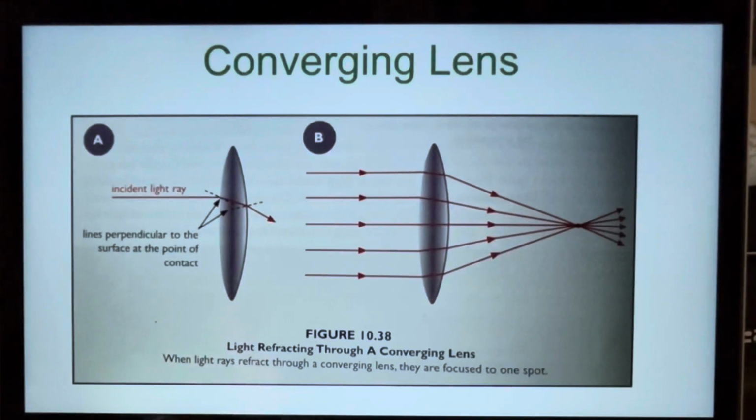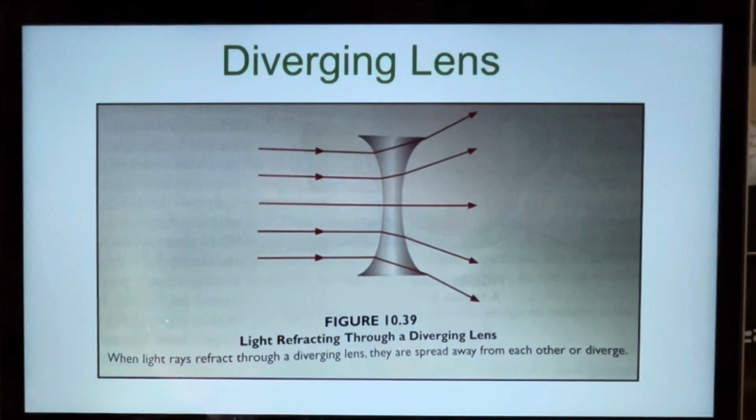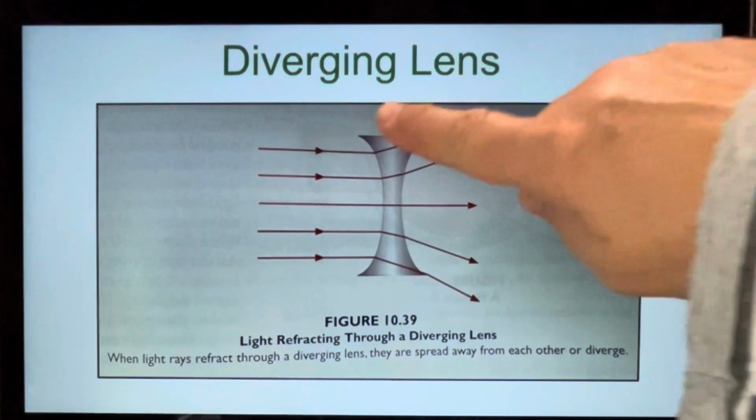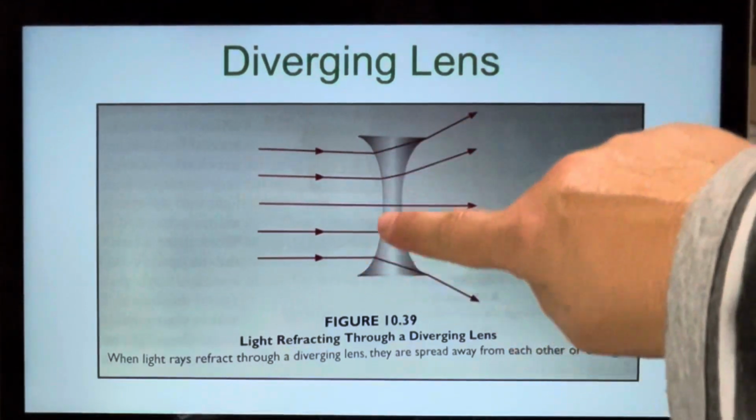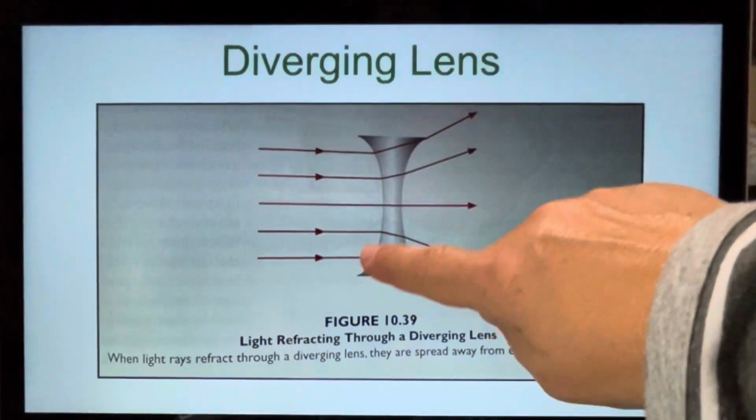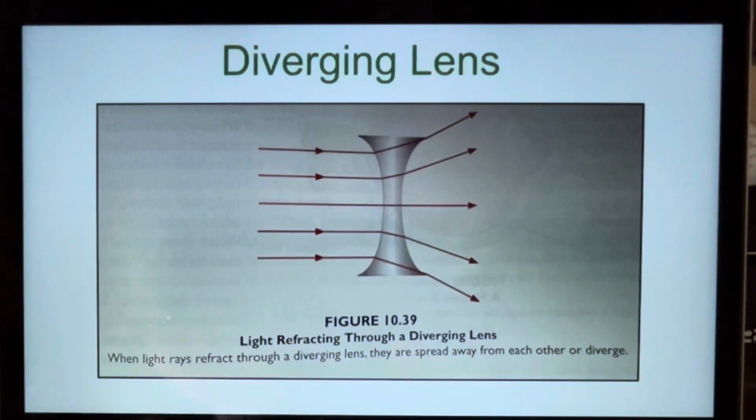All right. If I change the situation a little bit, I get a completely different result. Suppose I have a glass object shaped like that in figure 10.39. So here we have a concave lens instead of a convex lens. When light rays hit this object, refraction causes a completely different situation from what I got with the converging lens.